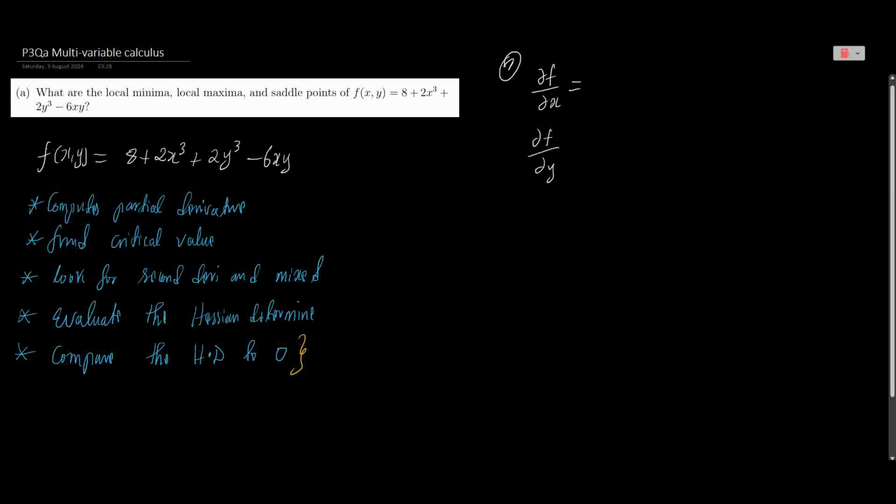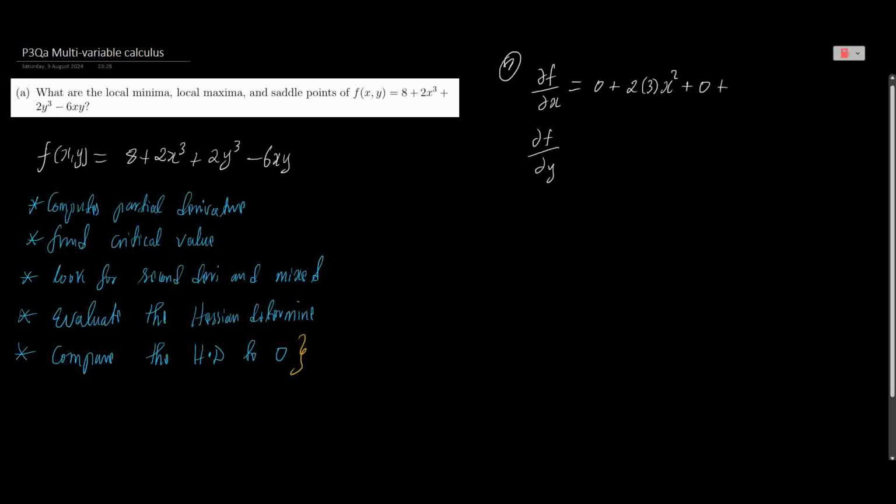So our partial derivative of our function with respect to x, this is simple, it's a polynomial function. Differentiating 8 with respect to x will be 0, plus differentiating 2x cubed with respect to x will be 2 multiplied by 3x squared, plus 0, plus, again, negative 6xy.